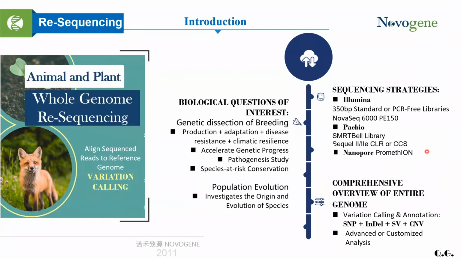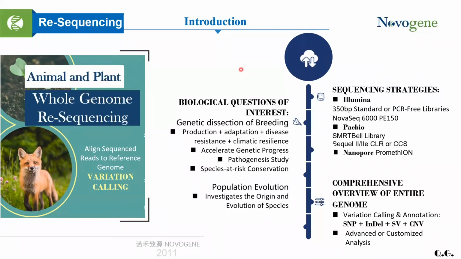The sequence reads could be subsequently aligned to the known genetic sequences of reference genomes for variation calling involving SNP, InDel, structural variation, and copy number variations among the diverse individuals and populations. The advanced or customized analysis will be further conducted to address the biological questions of interest.